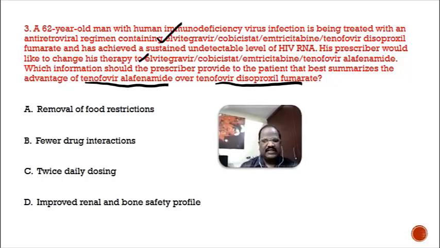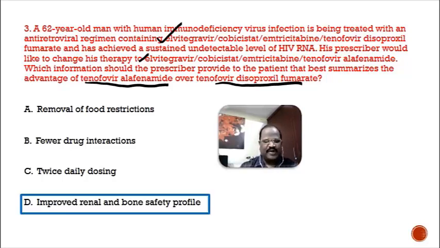The answer for the question is option number D, improved renal and bone safety profile. Here, what you should know. First point, whenever I give elvitegravir, I am always going to give it along with cobicistat. So remember, cobicistat is the booster for elvitegravir.